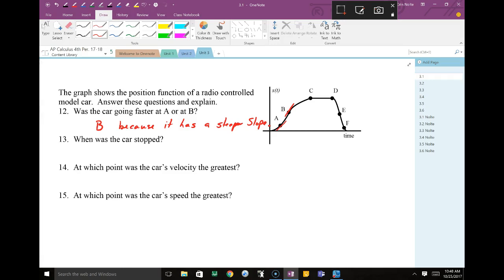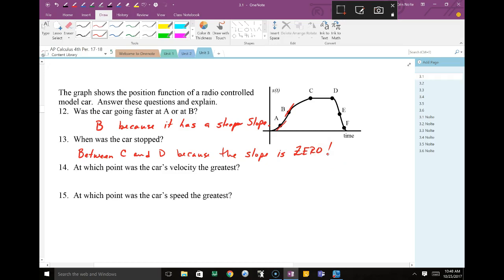There you go, perfect. So between C and D, because the slope is 0. Okay, big idea right there.